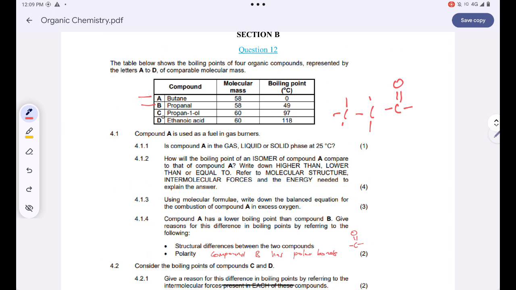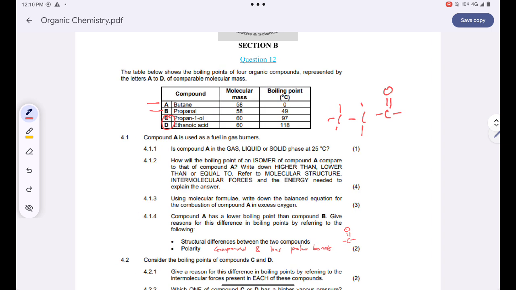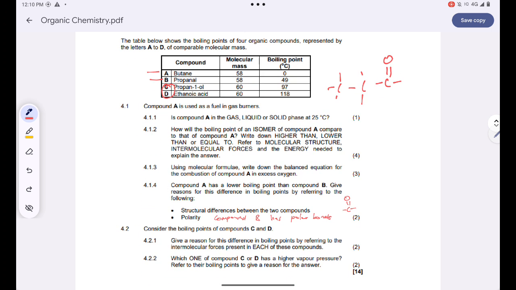Firstly, both of these compounds have hydrogen bonds. Are you together? However, what makes ethanoic acid have a greater boiling point is that it has two sites of hydrogen bonds, and that means it will be strong. Its intermolecular forces will be stronger than those of propan-1-ol, and hence ethanoic acid will have a higher boiling point.